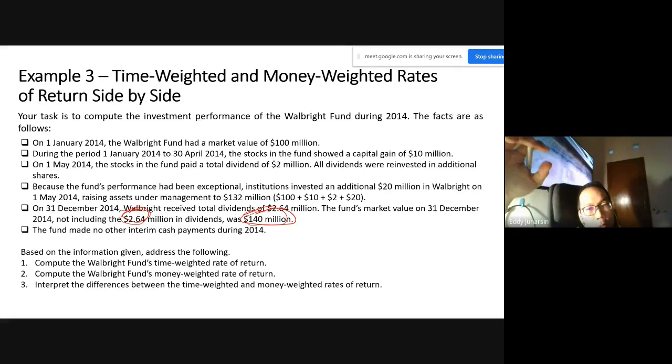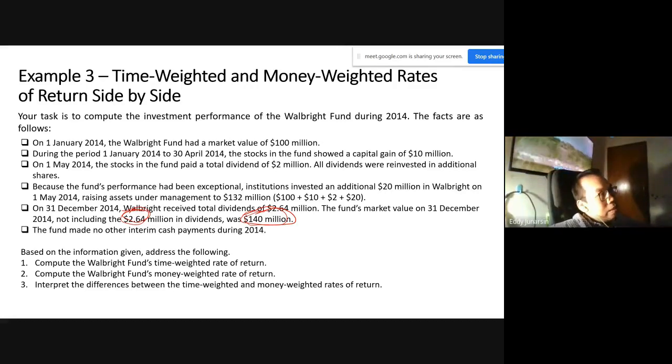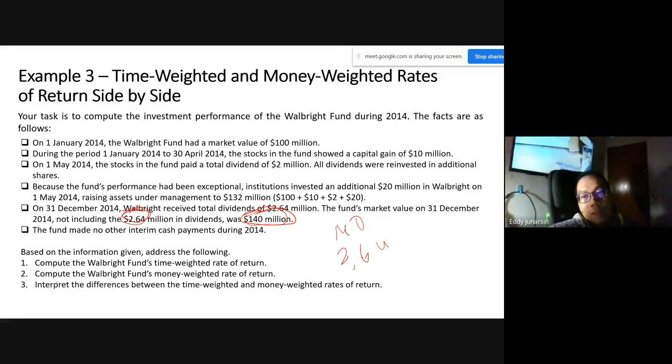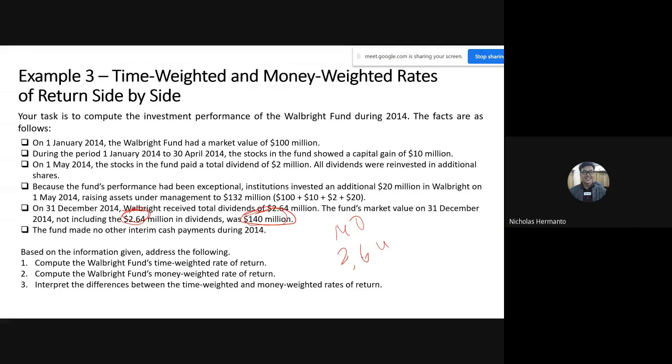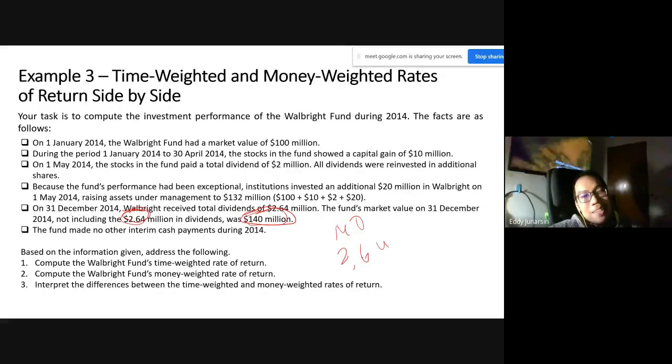So the amount of money that we would enjoy, supposing that the end of the investment period is year 3, is 140 and also 264. Okay, thank you, sir. So the first dividend is not calculated because it is reinvested, and then at the end it is calculated because it's already ended. Yeah. That's right.